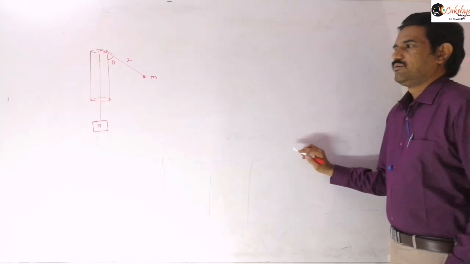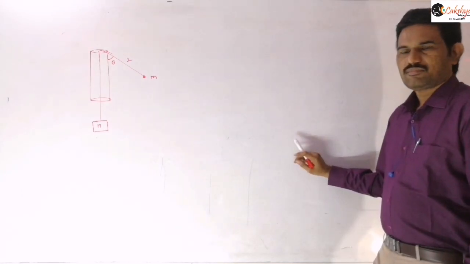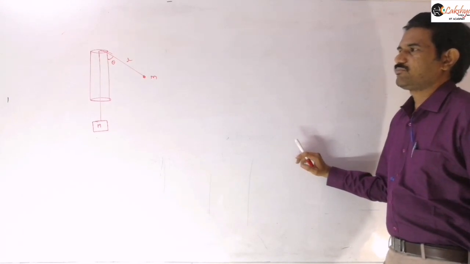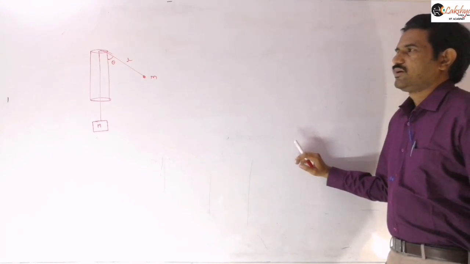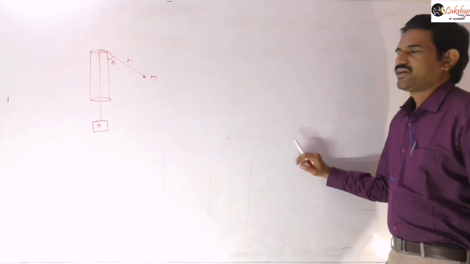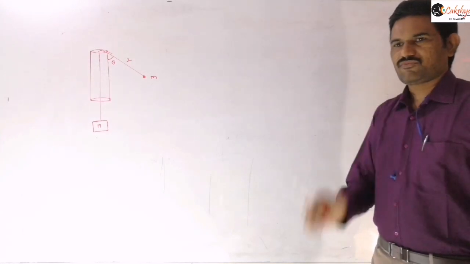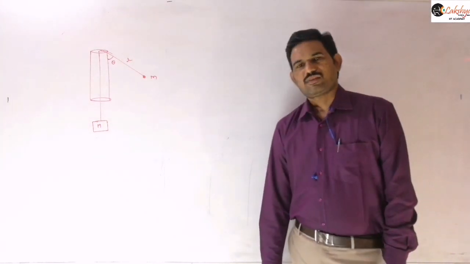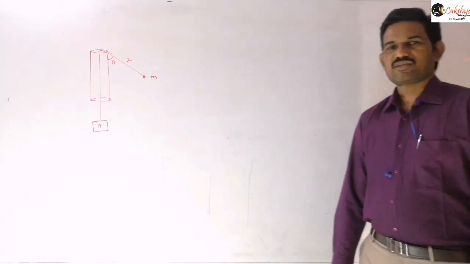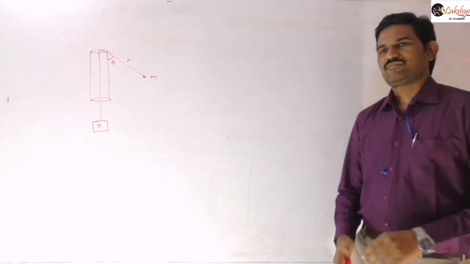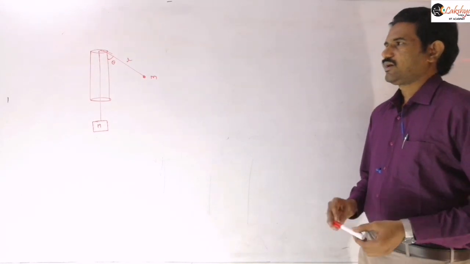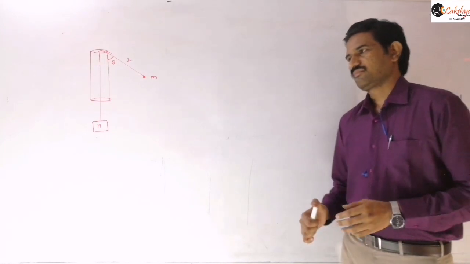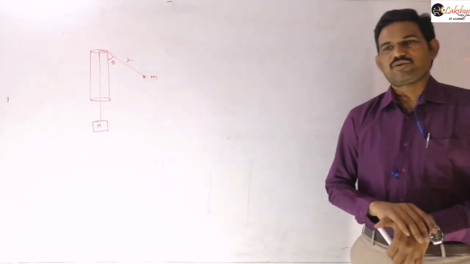If this block capital M remains in equilibrium, find the angular velocity with which the particle of mass small m is to be rotated as a conical pendulum as shown.